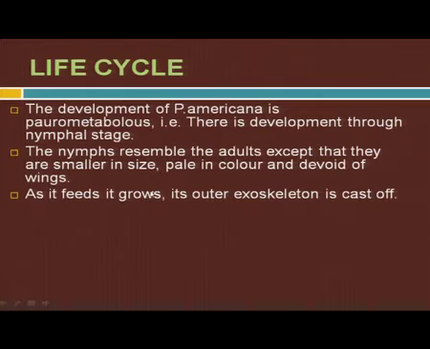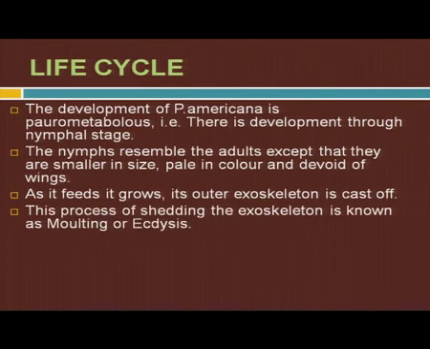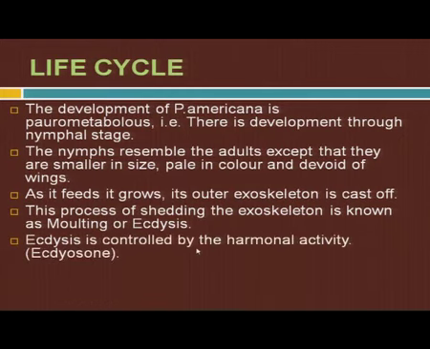As it feeds, it grows, and the outer exoskeleton is cast off. This process of shedding of the exoskeleton is known as molting or ecdysis. Ecdysis is controlled by hormonal activities, and the hormone responsible for it is ecdysone.